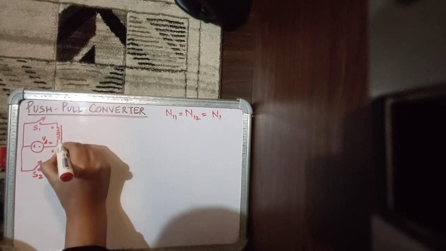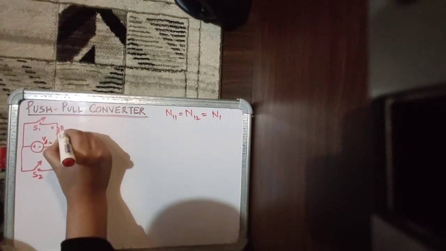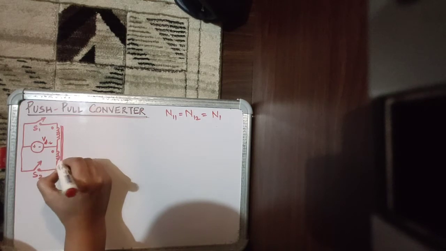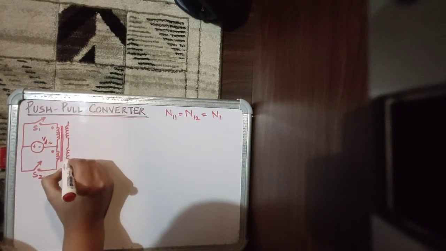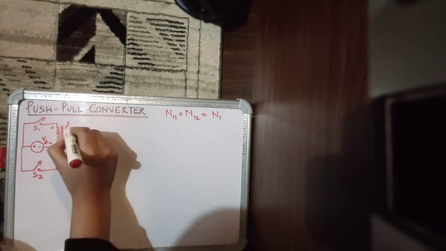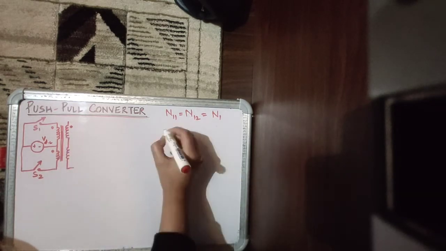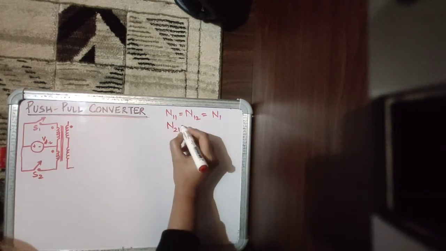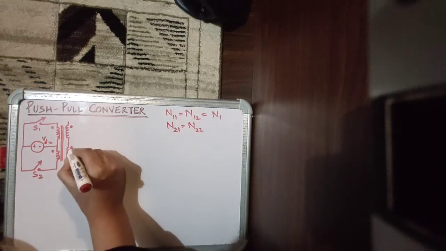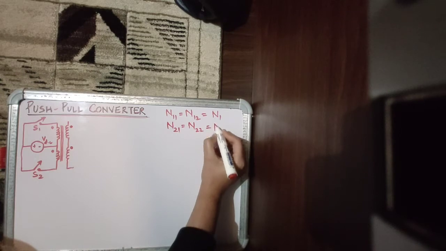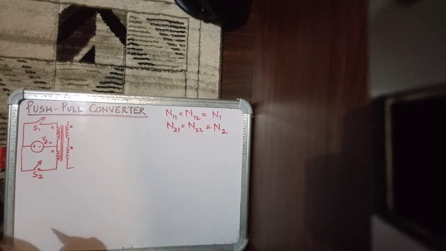Now these two windings are wound on the same core, and then you have the secondary windings. The top winding you can call N21, and it is assumed that it has the same number of turns as the bottom winding, which you can call N22, and let's say that the number of turns is N2.